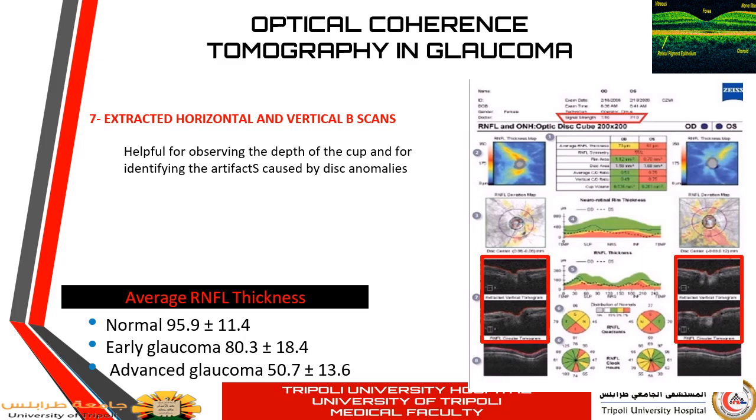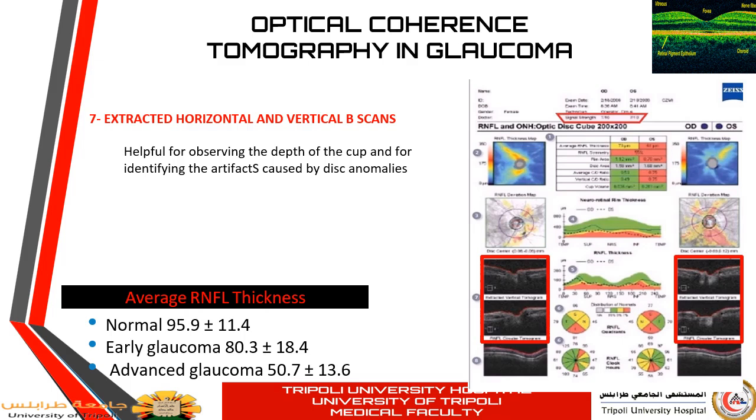The seventh map is the extracted horizontal and vertical B scan, which is dotted here in the red square on the right side. This map shows you the reflectance of the segmentation that you have taken, and you will get an idea about the exact shape of the optic disc cup and the shape of the optic disc.